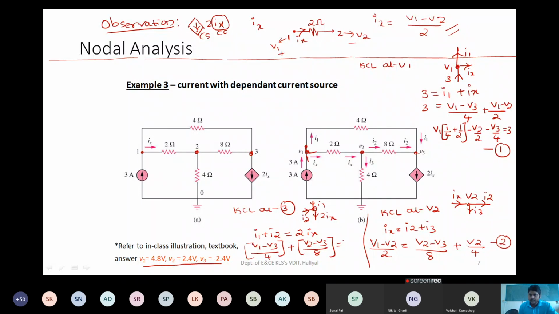So 2 times Ix is 2 times V1 minus V2 whole divided by 2. The 2 you can cancel out, and what you get is V1 minus V2. So you can rearrange this and call it equation number 3.